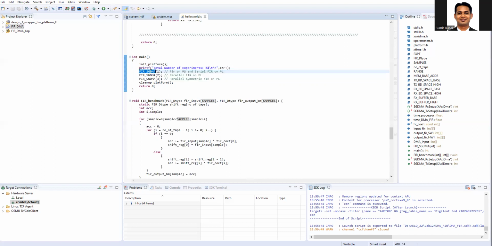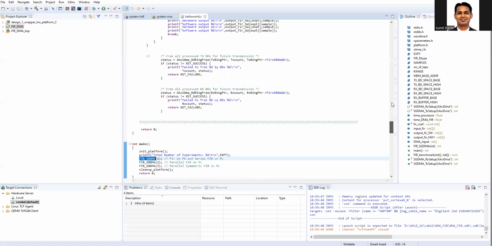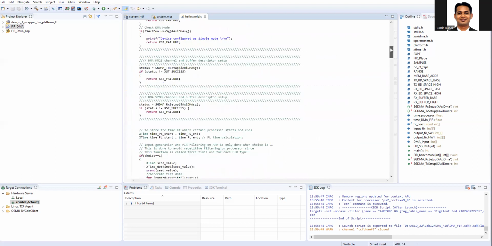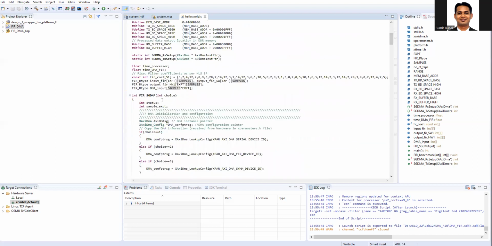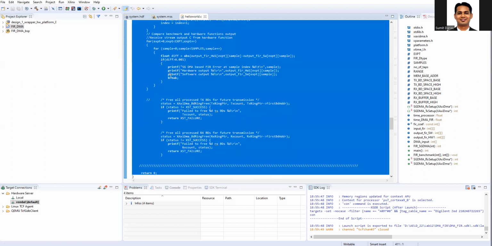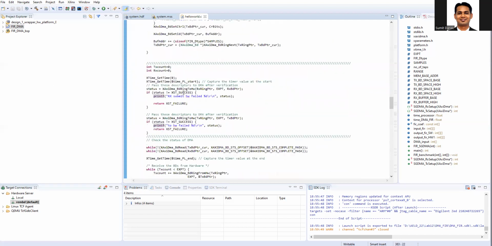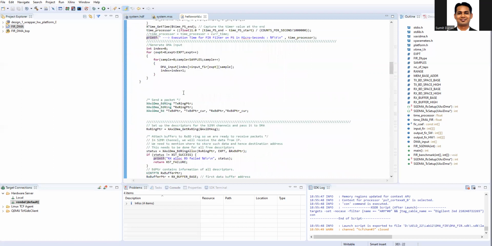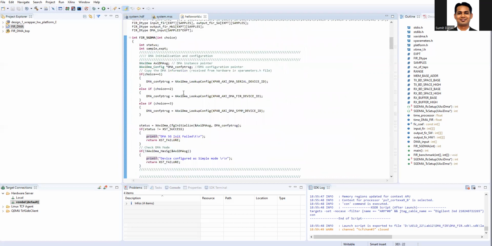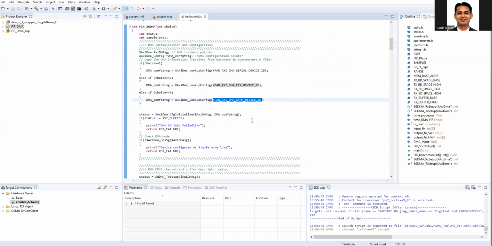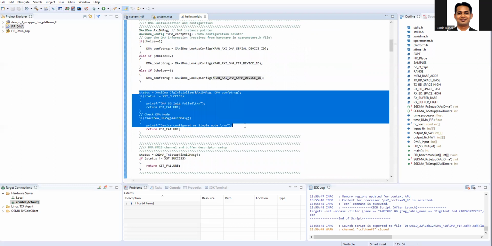So we are going to call the same function three times. If you go quickly into this function, it is more or less the same. Depending upon the choice, we are going to configure the corresponding DMA. You can see that depending upon the choice which we received, we call the corresponding DMA. Then we configure the DMA.